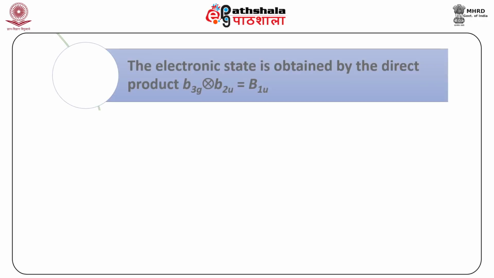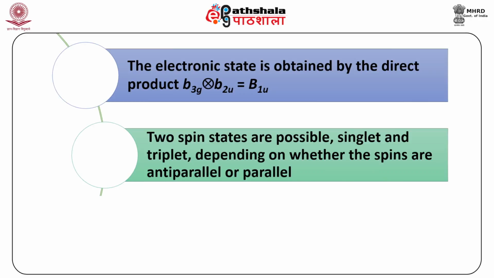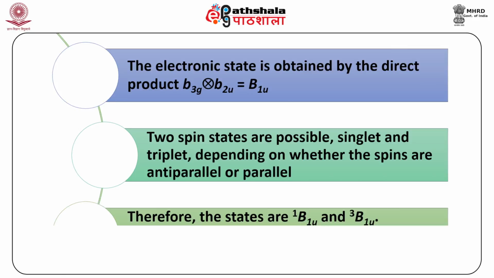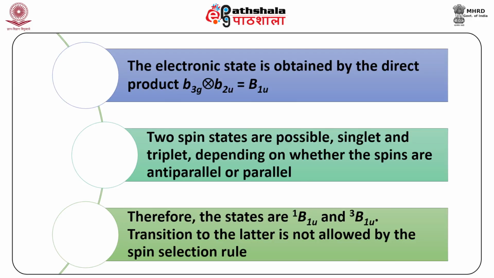The electronic state is obtained, as you know, by the direct product B3U into B2G. When you do this product, you get B1U, and you know that two spin states are possible, singlet and triplet, because the spins could be anti-parallel or they could be parallel. Therefore, the states are 1B1U and 3B1U.